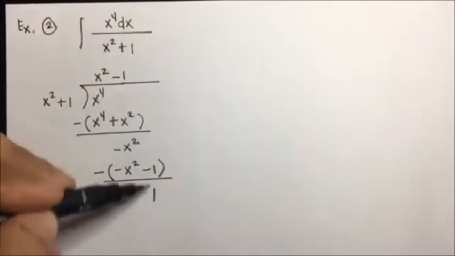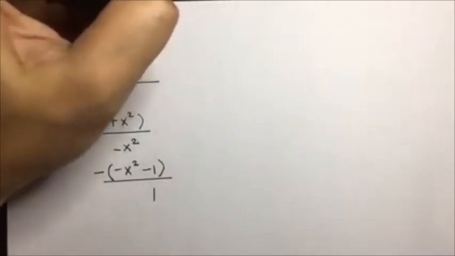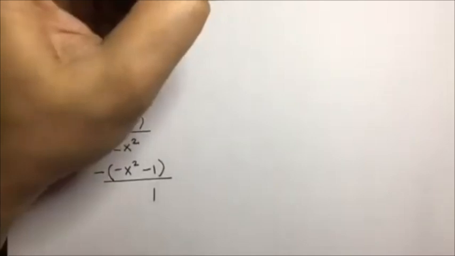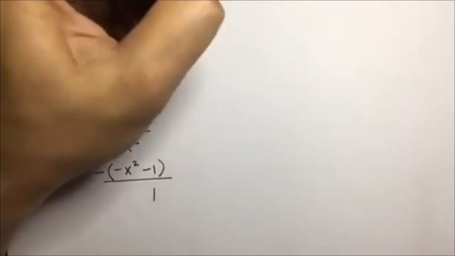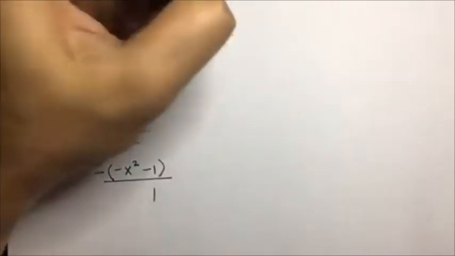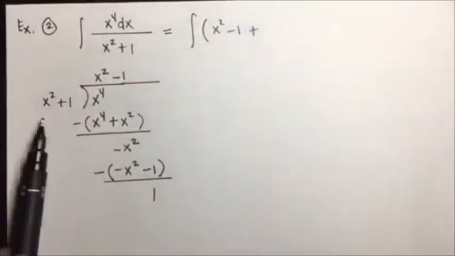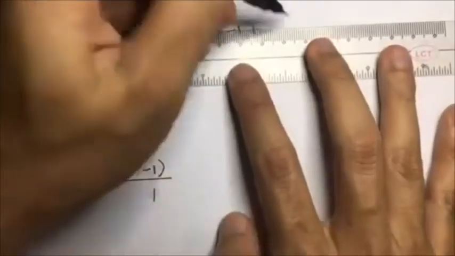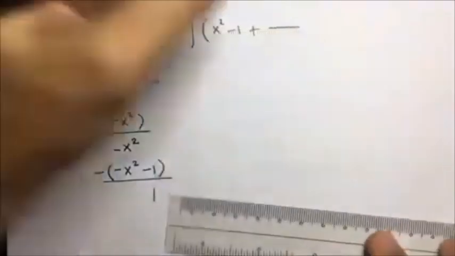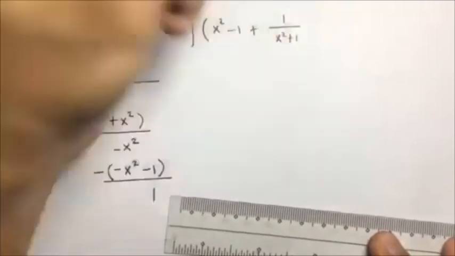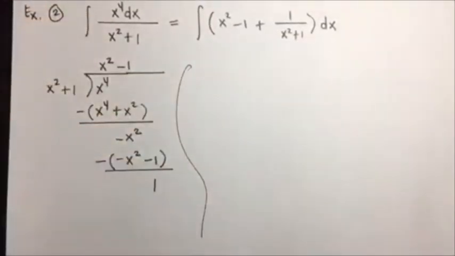so therefore this will now be the remainder. Rewriting this, this will become the integral of the quotient, so you have x squared minus 1 plus the remainder over the divisor, so plus 1 over x squared plus 1, dx.